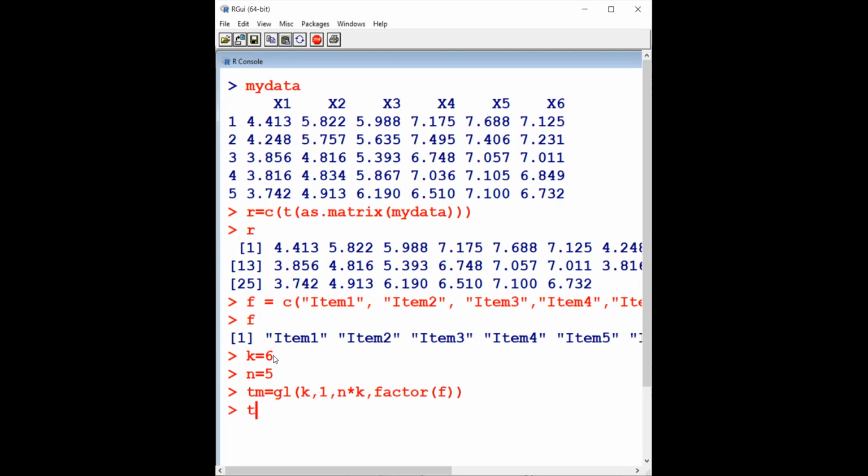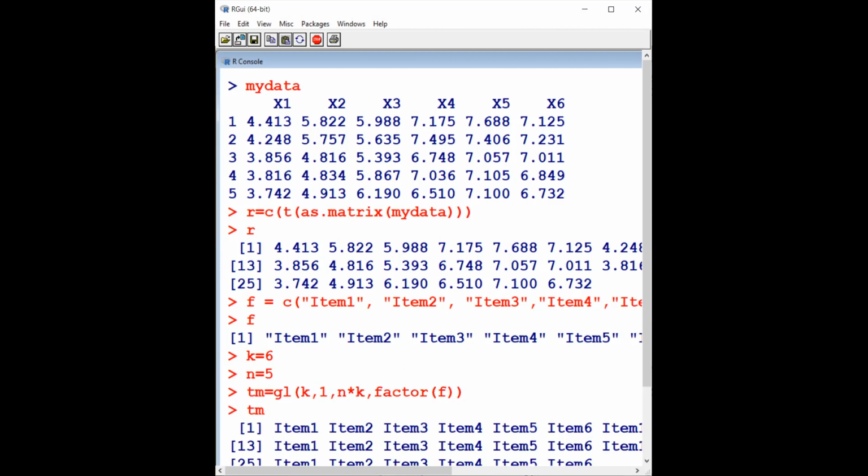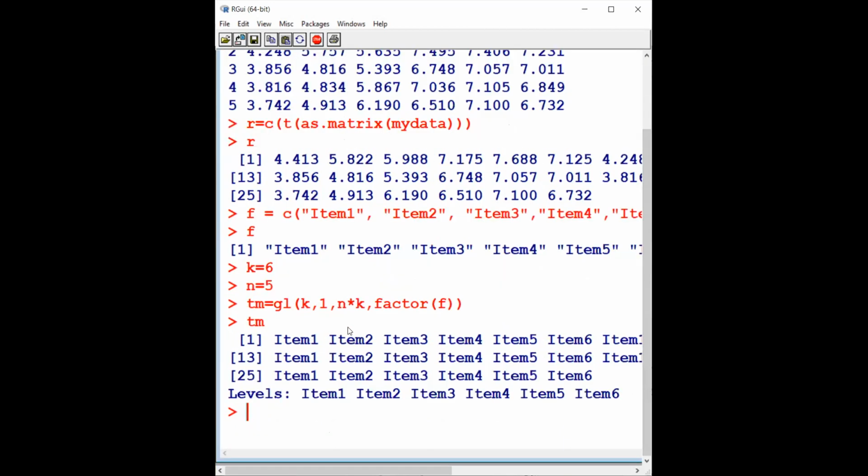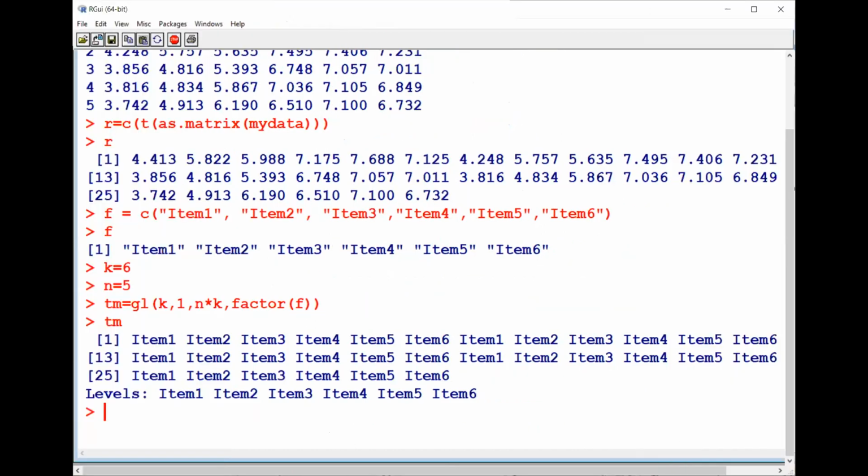So if you just call TM, you can see here for the first row of observations, they have given item 1, 2, 3, 4, 5, and 6. Then again, they have started from item 1, 2, 3, 4, 5, and 6. Likewise, you can see what has happened here.